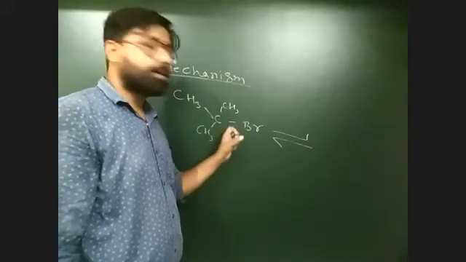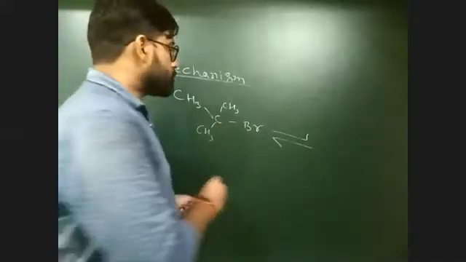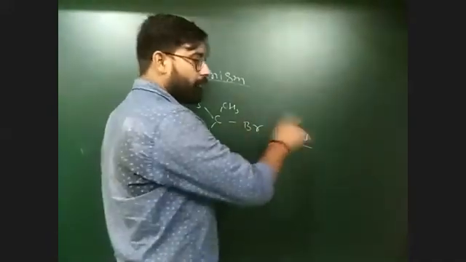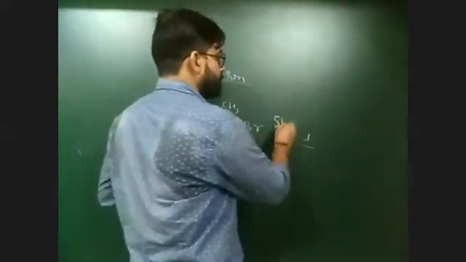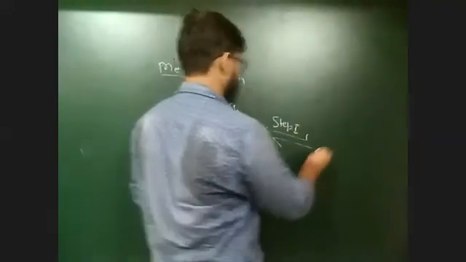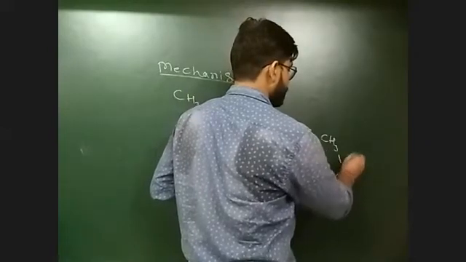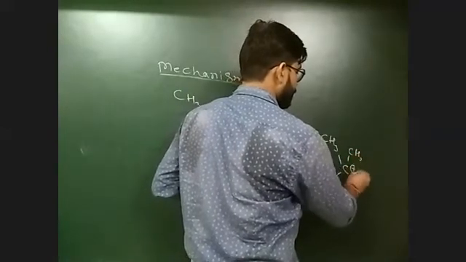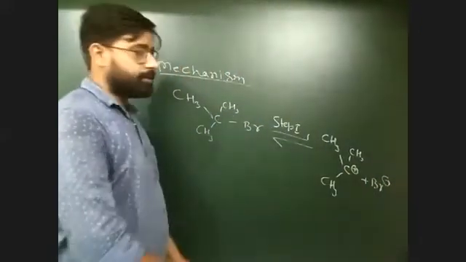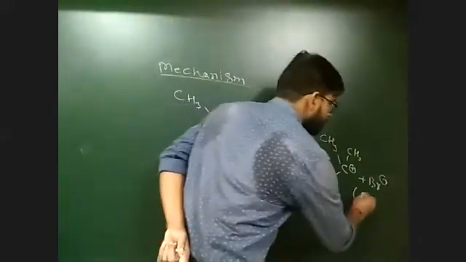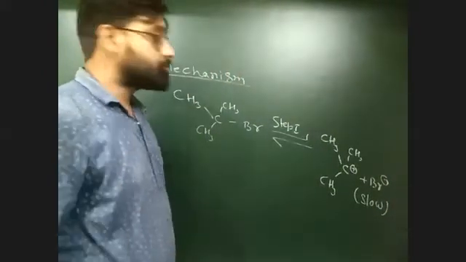Here solvation occurs, so this process is very slow. So in the first step, there is formation of carbocation, (CH3)3C plus, and Br minus. That is the first step, and this step is slow.